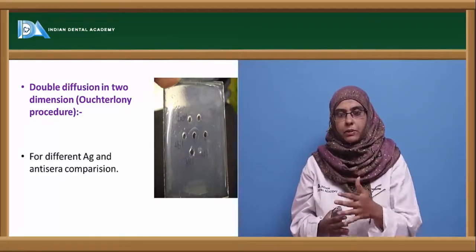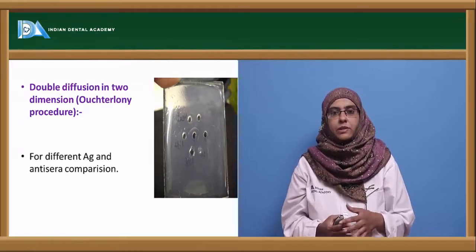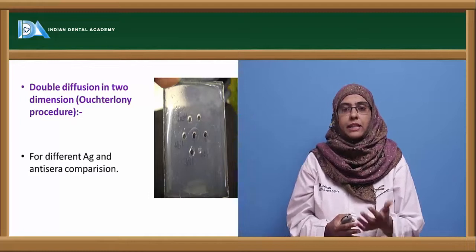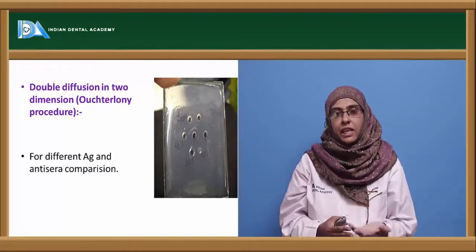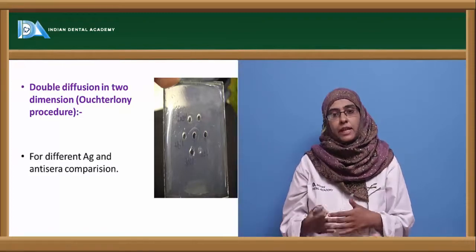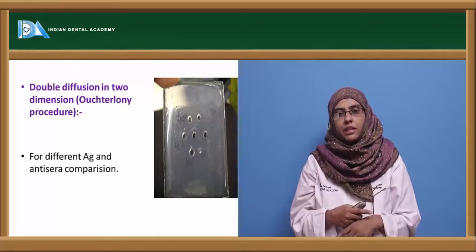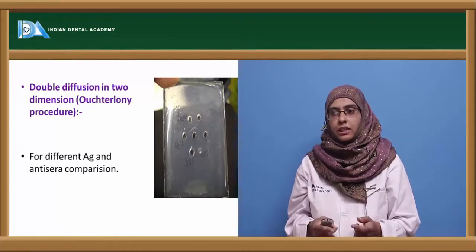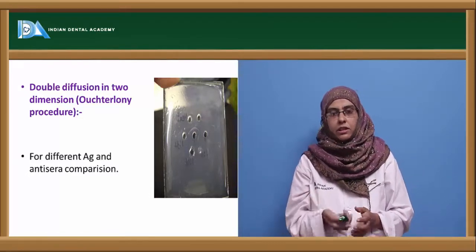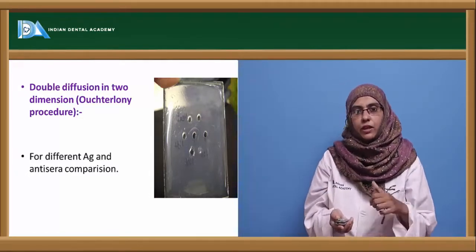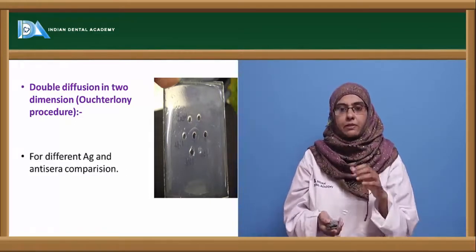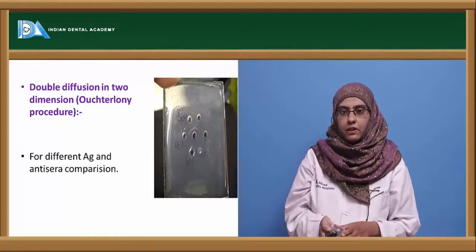Now this Ouchterlony double diffusion test also helps us to identify the cross reaction, the identity between two antigens or non-identity between two antigens. If there is an identity between two antigens, they fuse together to form a line of precipitate, and if there is no identity between the two antigens, the lines cross each other. Cross reaction can be seen as a spur formation. So this Ouchterlony double diffusion is used for multiple tests, that is, on a single slide you can see multiple interactions taking place between a single antibody and different types of antigen.